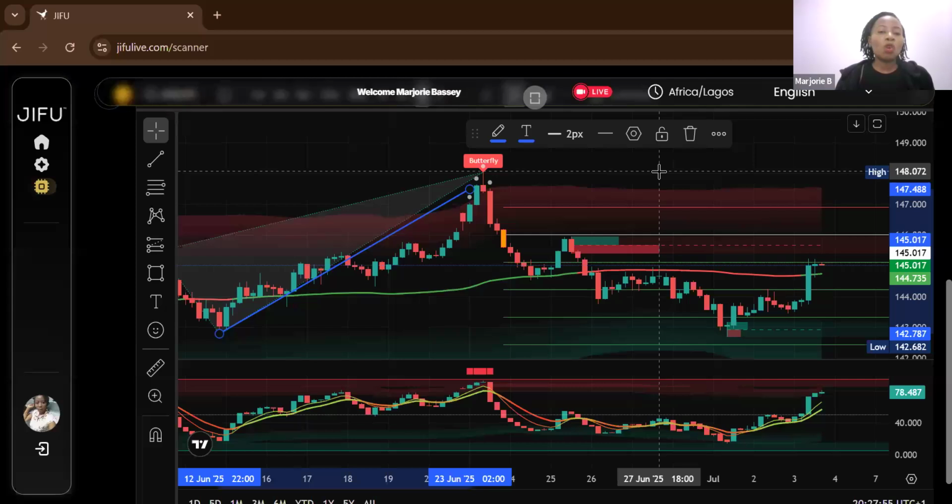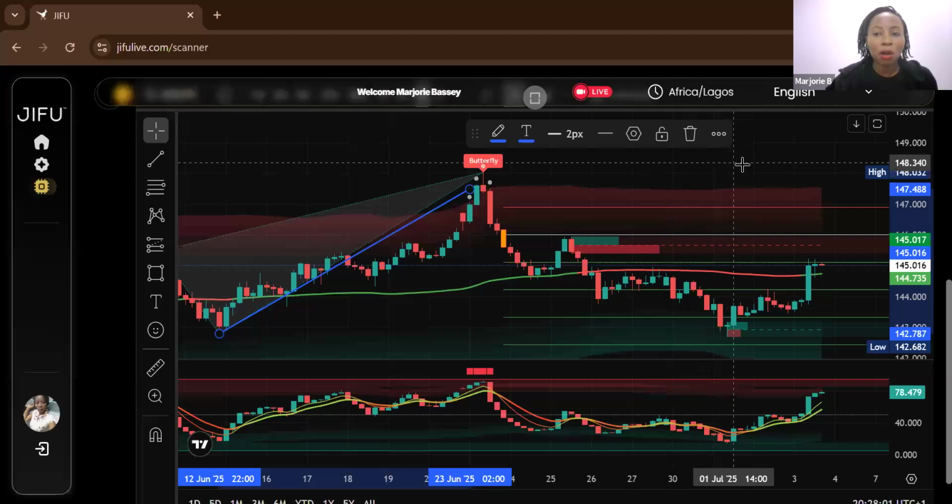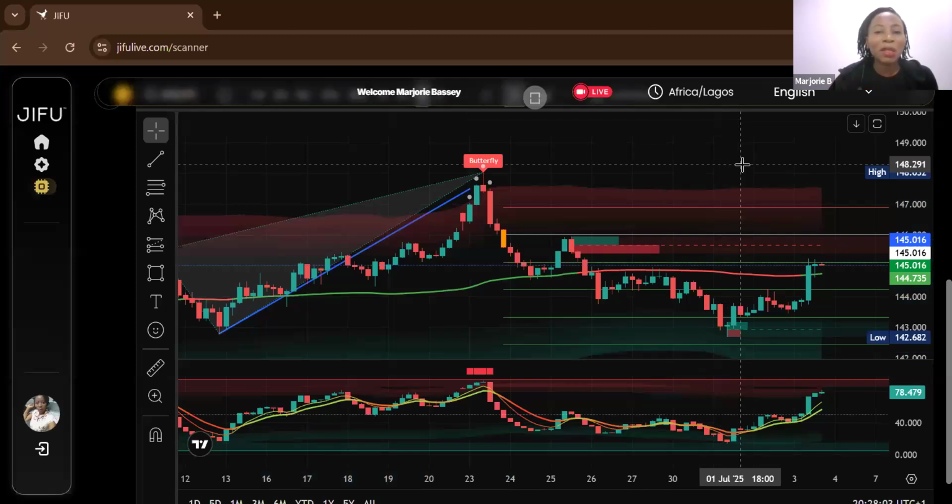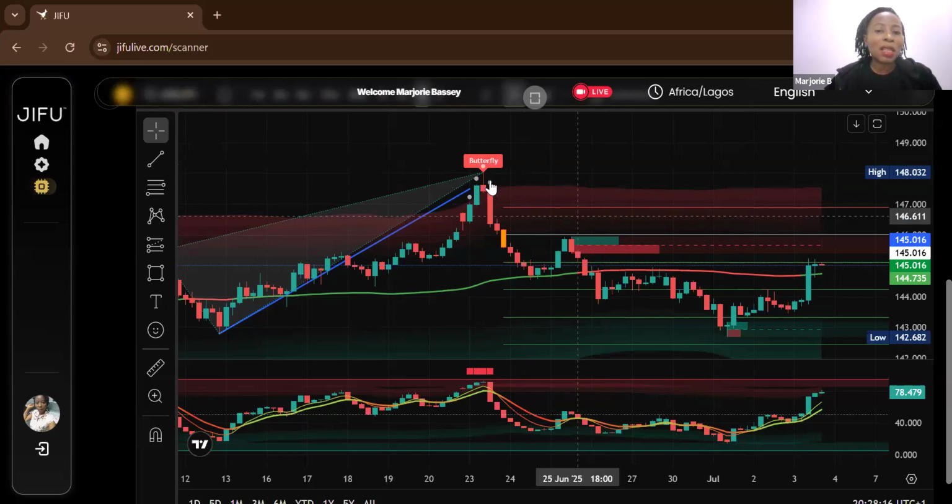And then you don't want to enter this market when you're not too sure whether it's going to maintain the bullish direction or not, or maybe you just jump into a sell, not knowing whether it will continue moving in a bullish direction. So what happens? This is a sell zone.